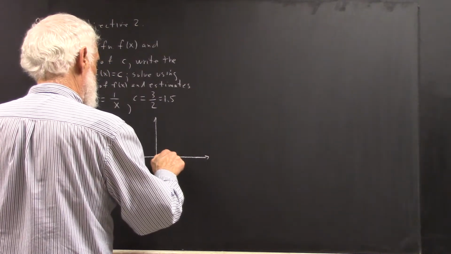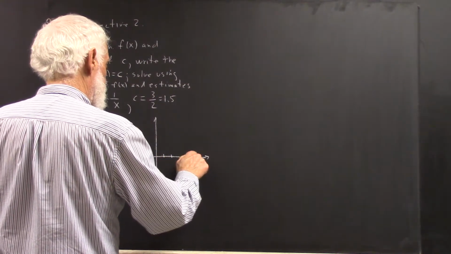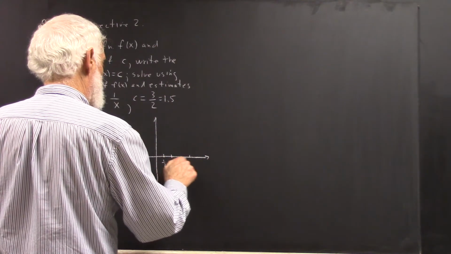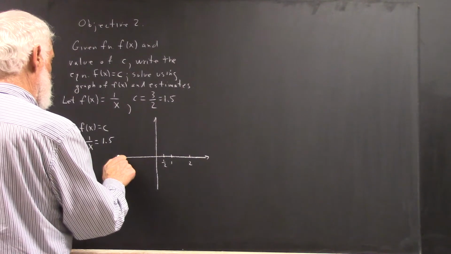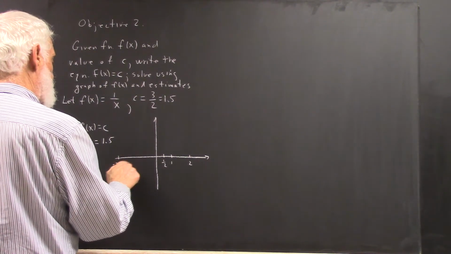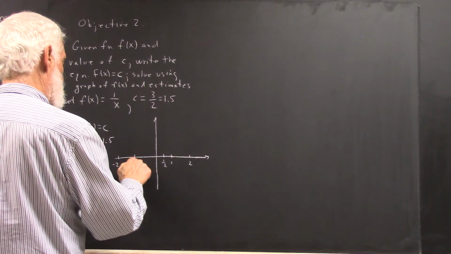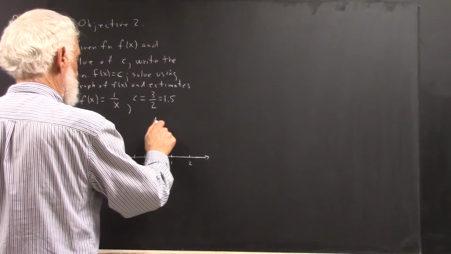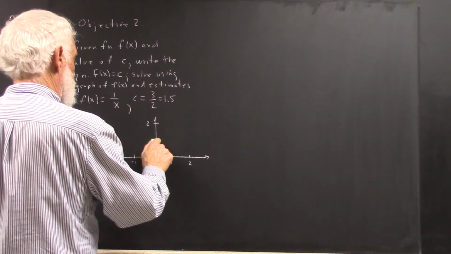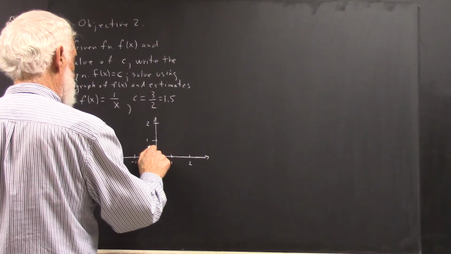Okay, here's 1/2, here's 1, here's 2. Over here, not going to need this part of the graph, but we'll use it anyhow. And up here we've got 2. Of course, here we've got 1, and here we've got 1/2.